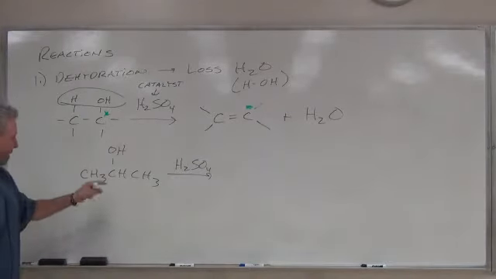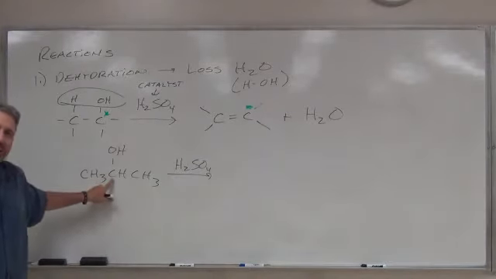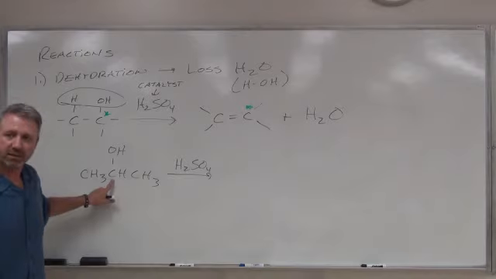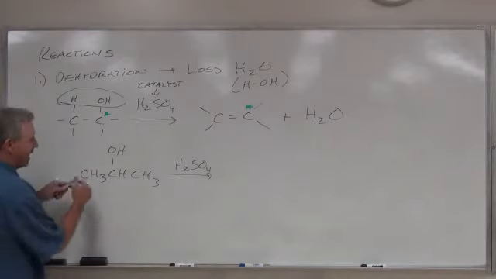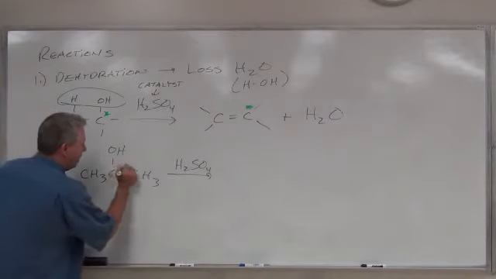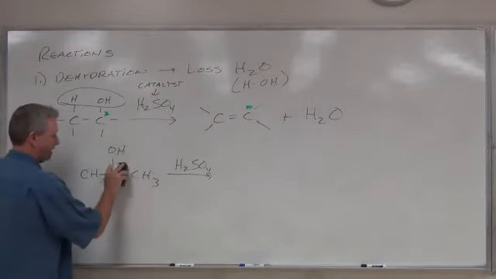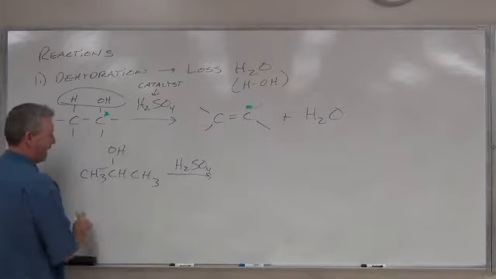And technically, you could form a double bond between that carbon and any adjacent carbon that contains a hydrogen. So, this guy could form a double bond this side, because that's got it, or this side.